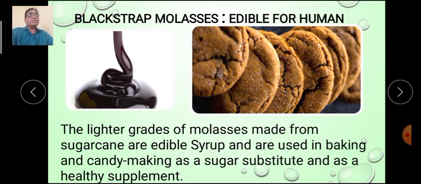Therefore, these are biscuits made with a sugar substitute, that is lighter grade molasses, and this variety of molasses is known as the edible variety of molasses for human beings.